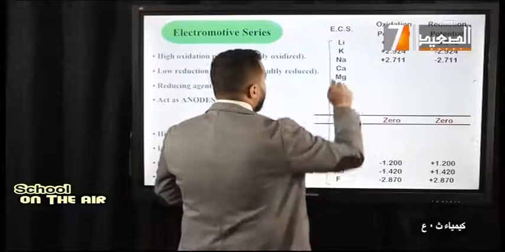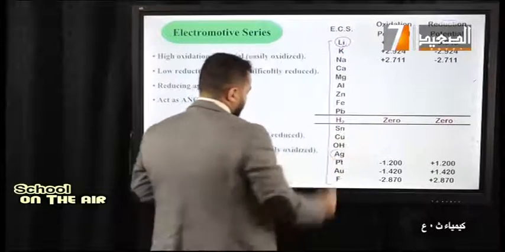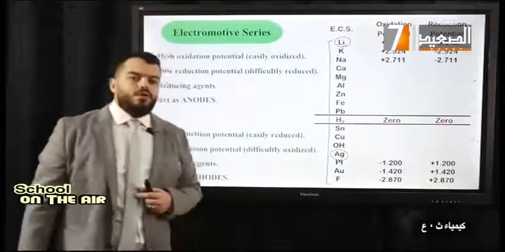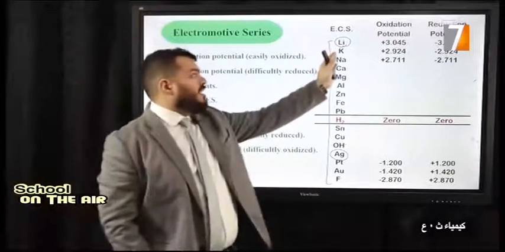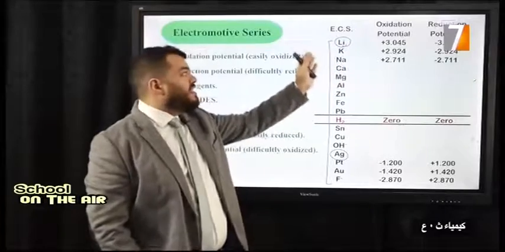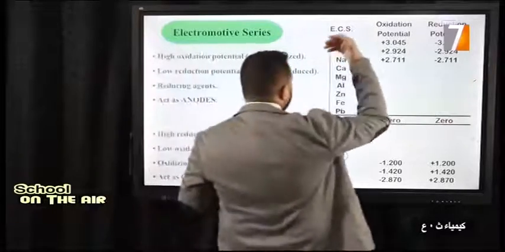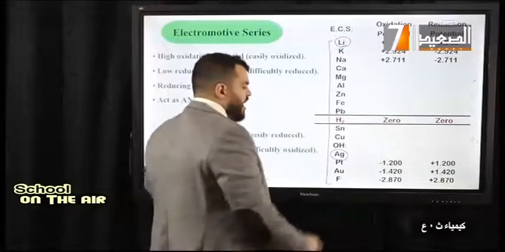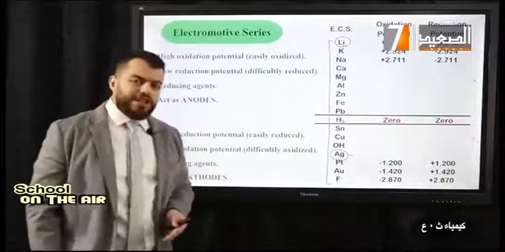Okay, if we are comparing between lithium and silver, which one of them has the higher oxidation potential? It will be the lithium, with the high oxidation potential, because it is at the top of the electrochemical series. And the silver will be the element with the low oxidation potential.